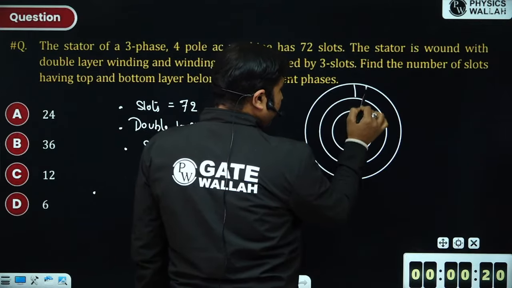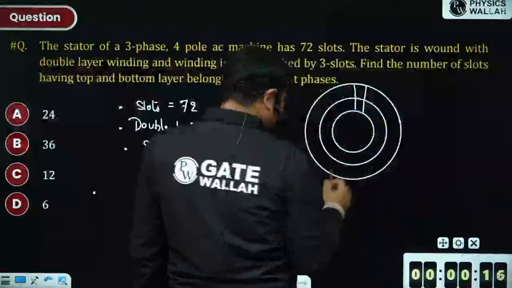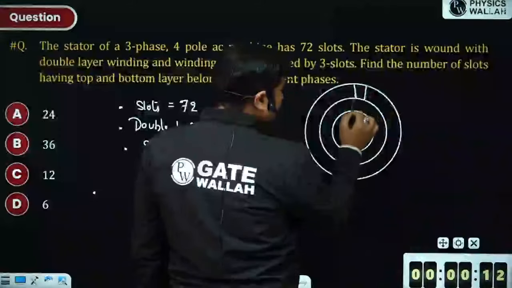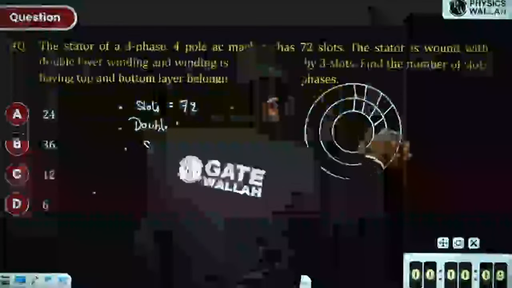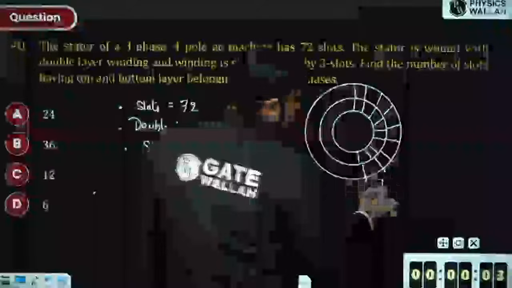We have the number of slots in this way. So there would be one outer layer winding and one inner layer winding. In this way, the total number of slots is 72.